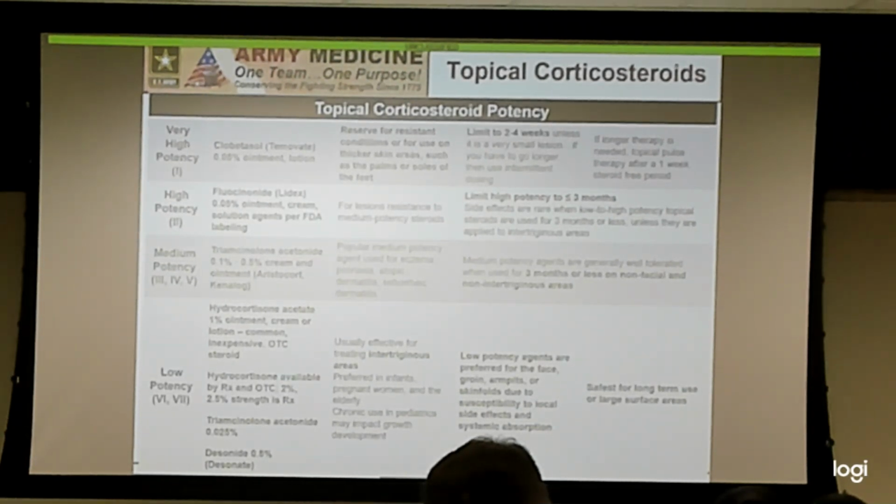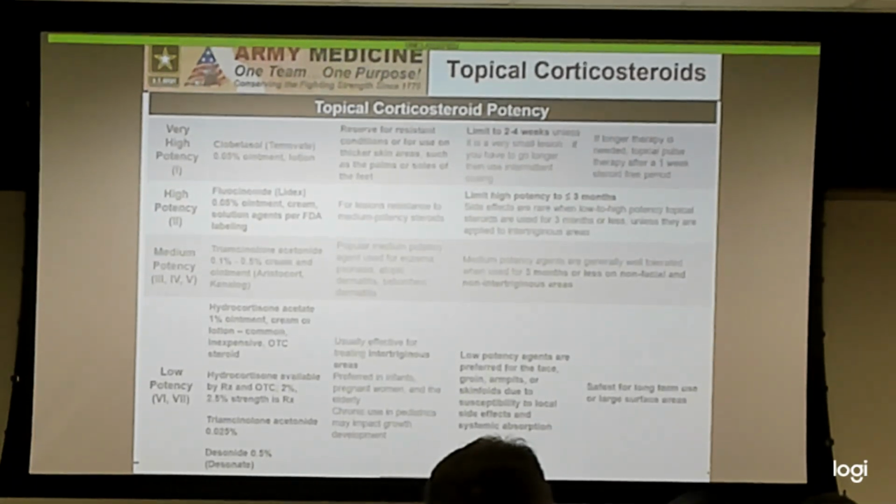But with our medium potency, we are not using it on facial and intertriginous areas. So that's like our folds that we talked about, the armpits, the groin area, okay? Skin folds in general. So that's where we go to our low potency. Pregnant women, elderly, and our kids, low potency.